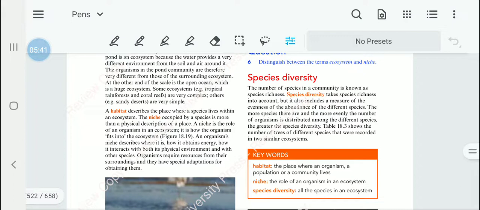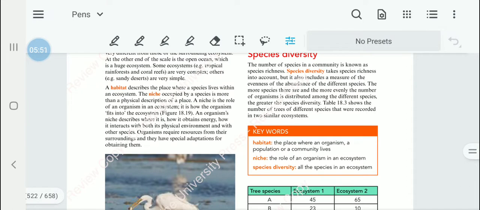Species diversity is all the species in an ecosystem taken into account in relation to species richness.